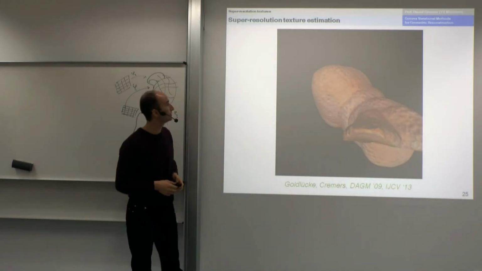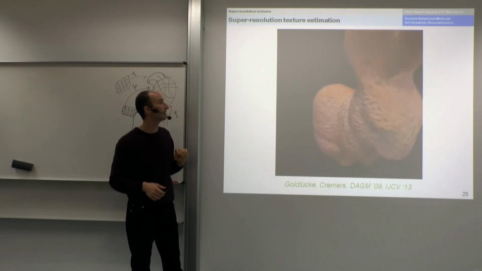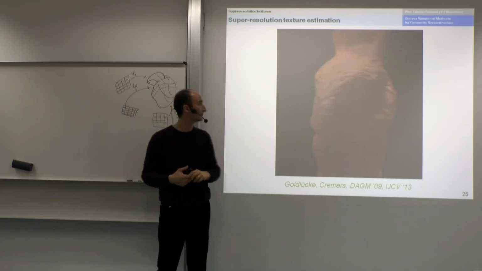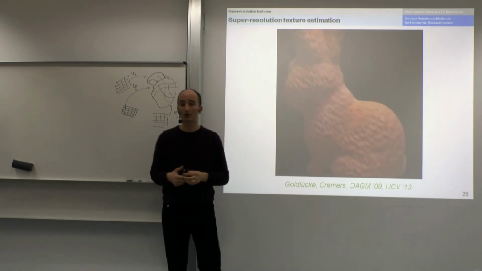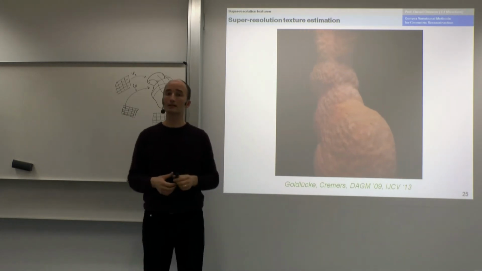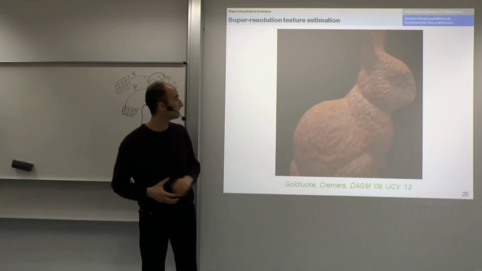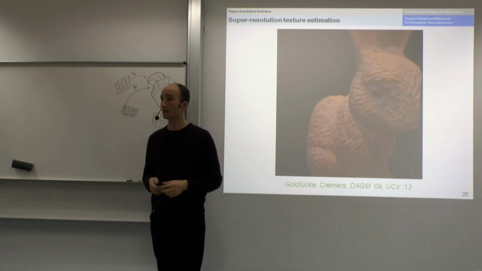And what I end up with is a texturing that you see here. It's a fairly high resolution coloring of the geometry. In fact, the resolution of that texturing is so high that at least I cannot distinguish the virtual object from the real object. I cannot distinguish this coloring from a video of that object.